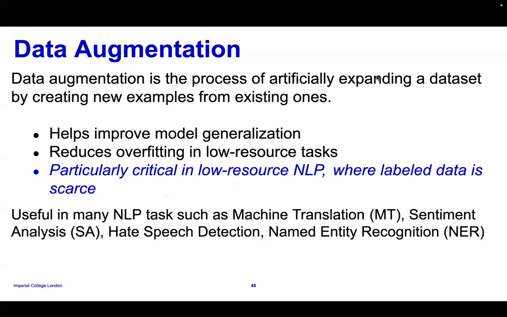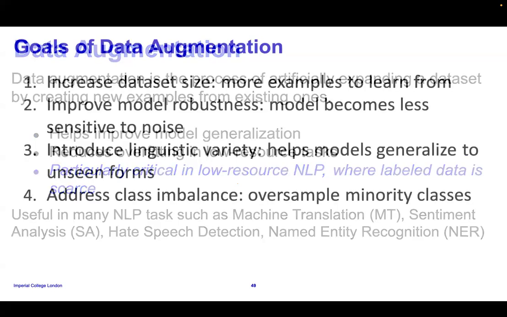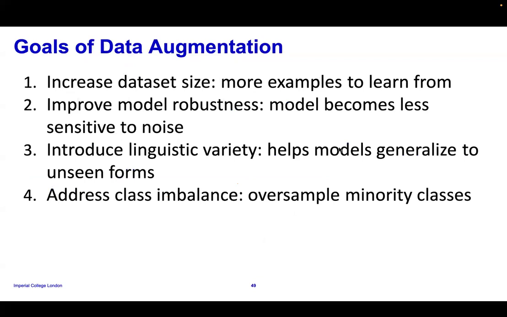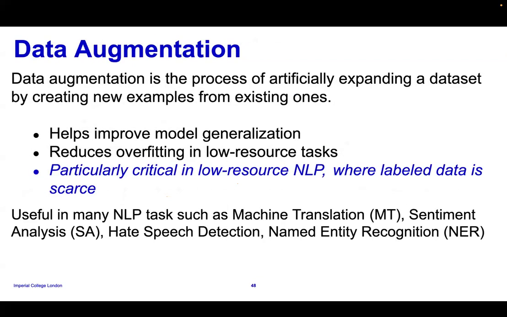Yes, data augmentation is basically a way to expand the existing data set, and we have different kinds of data augmentation approaches. For example, if you have a parallel data set, as I said, with 100 parallel sentences, you may want to expand that data set to maybe 200 or 300.